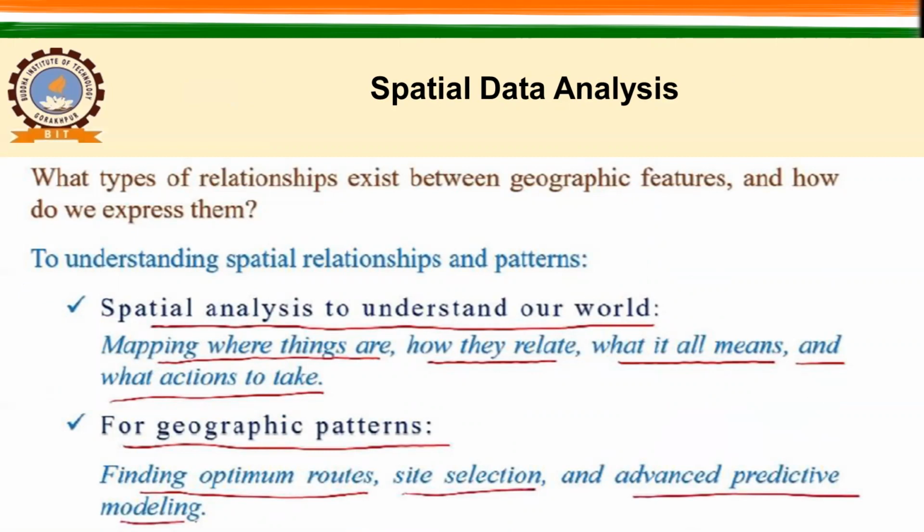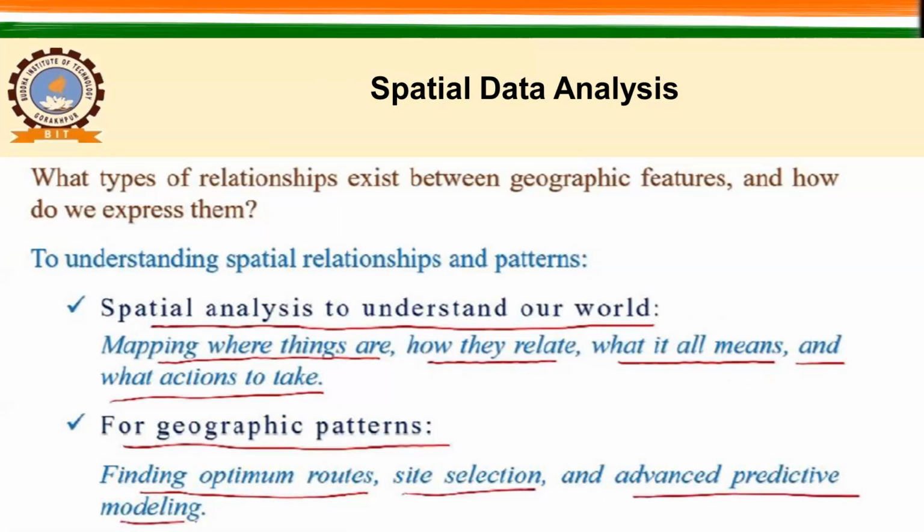To understand the spatial relationship and patterns, we need to perform spatial data analysis to understand our world: mapping where things are, how they relate, what it all means, and what action to take. Everything can be done by the spatial analysis of geographic patterns, finding optimum routes, site selection, and advanced predictive modeling. With spatial data analysis, you can do many more things.